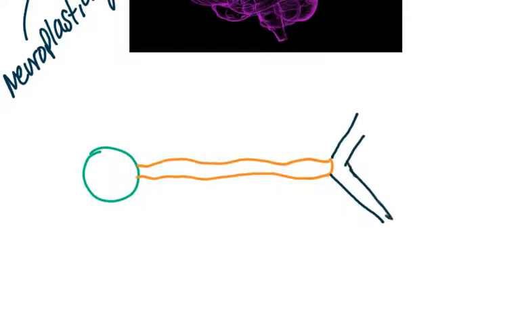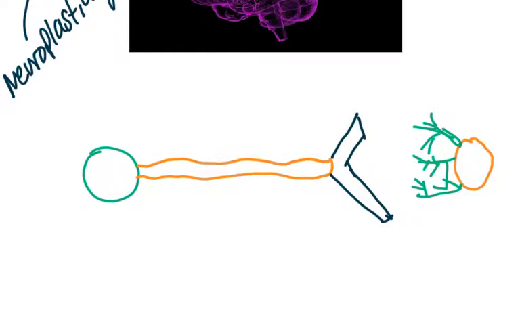Let me finish drawing this: we have a postsynaptic neuron here with its dendrites ready to receive the signals of this presynaptic neuron that we just drew. And these dendrites are right here, just chilling out.